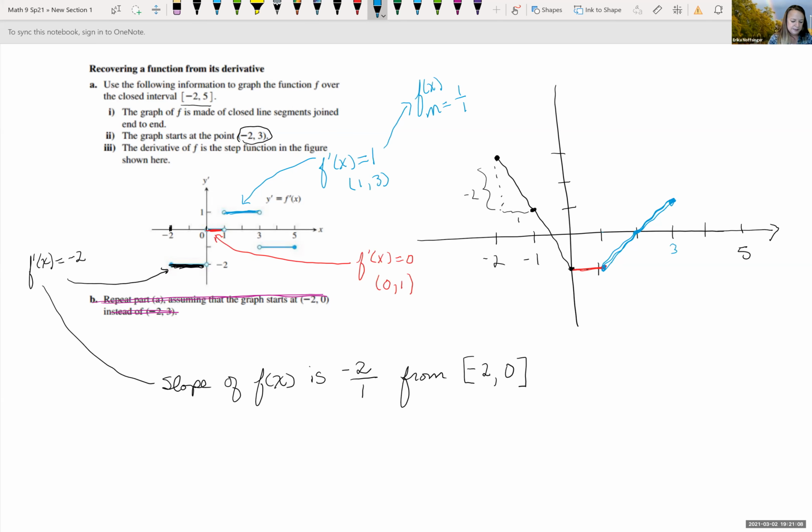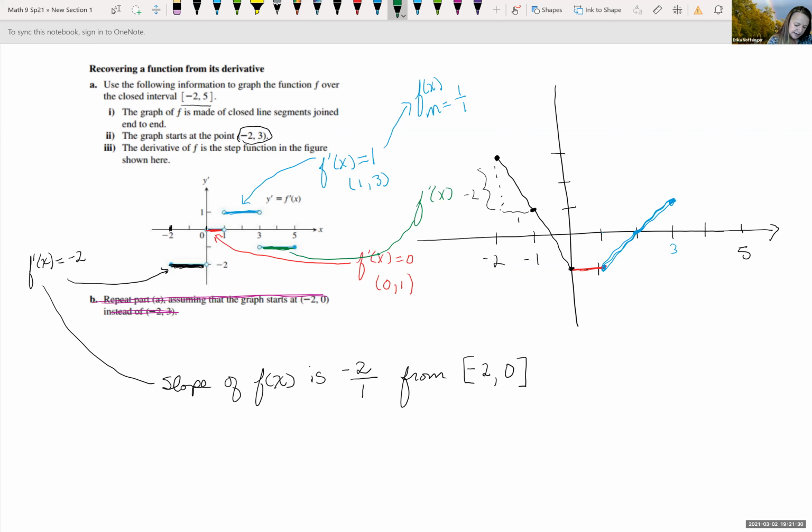And then the last piece, the derivative here, between 3 and 5. Notice that the slope of my original function is -1.